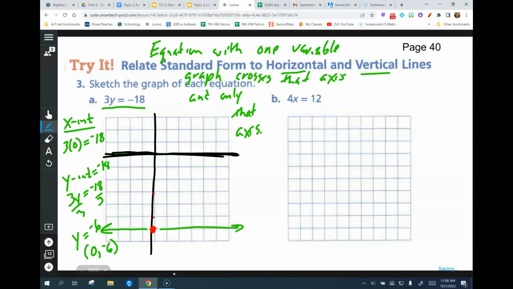Okay? And for you, hopefully you wrote that off to the side. Equation with one variable. If there's an equation with one variable, then the graph crosses that axis and only that axis. So let's look at B.